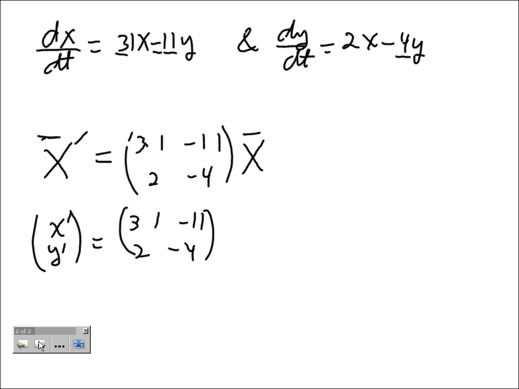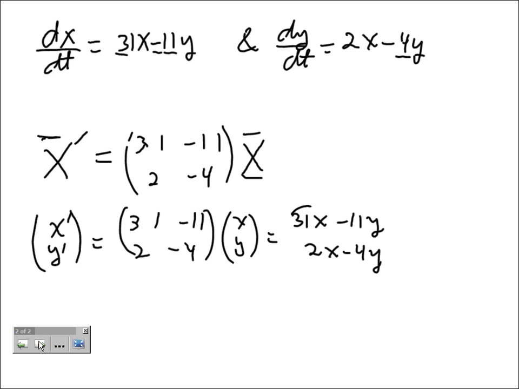When you multiply this by x bar, which is x, y, you get 31 times x minus 11 times y, and 2x minus 4y. And this equals that.